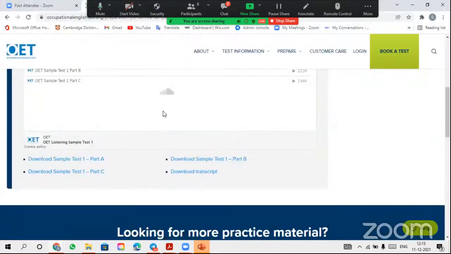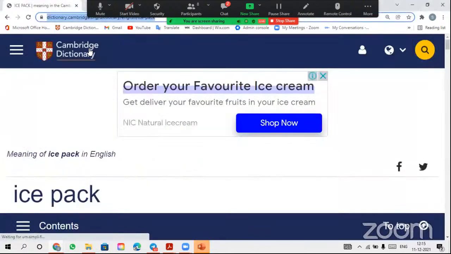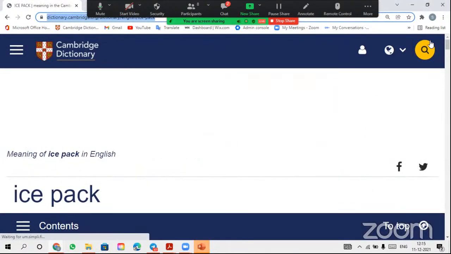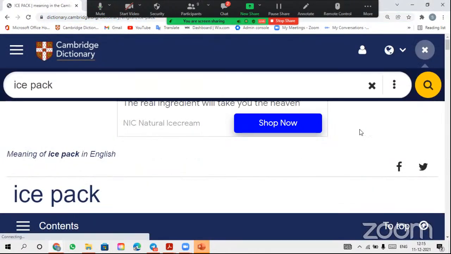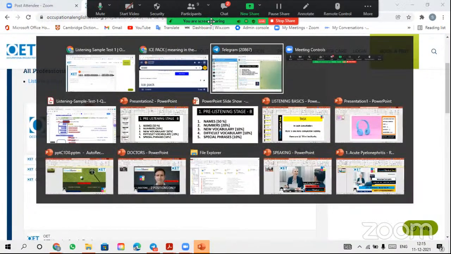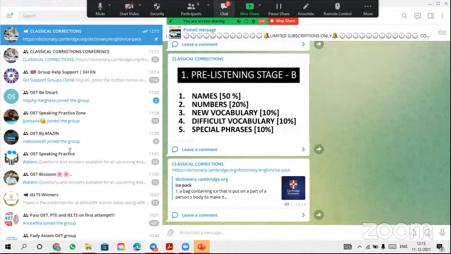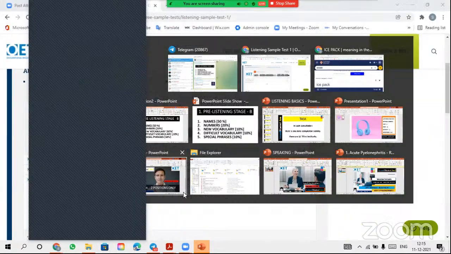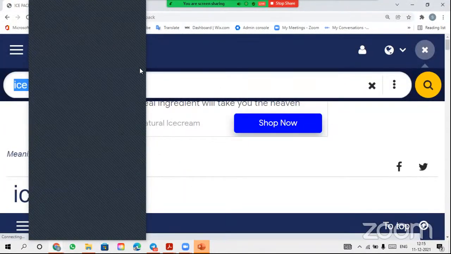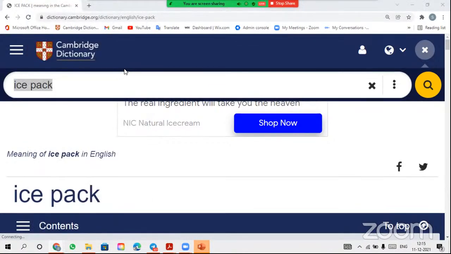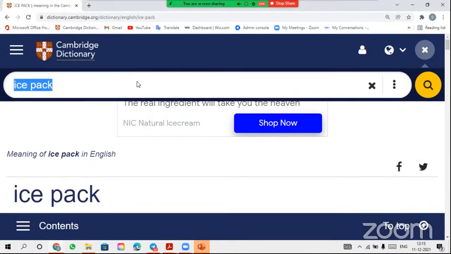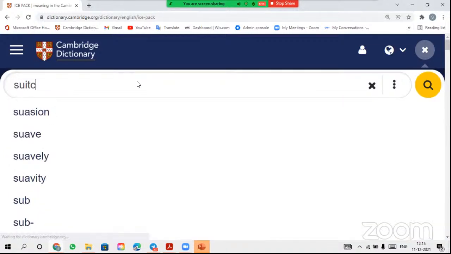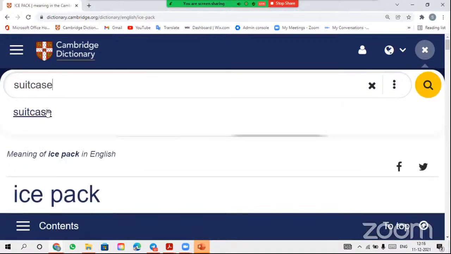Okay. Next one. Somebody has written suitcase. Is suitcase one word or two words? Let us see now. S-U-I-T-C-A-S-E. Yes, suitcase is one word.